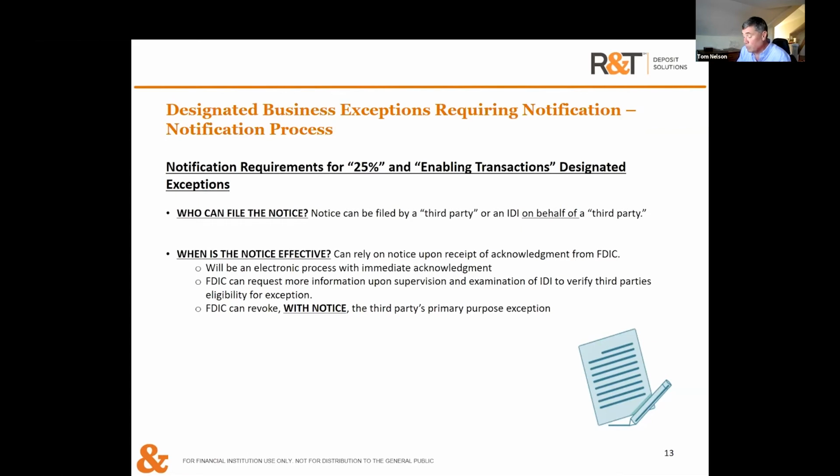But under the rules, let's use broker-dealers or trust companies as an example. All they need to do is notify the FDIC that they qualify for the primary purpose exemption and can be exempt from being deemed to be a deposit broker.